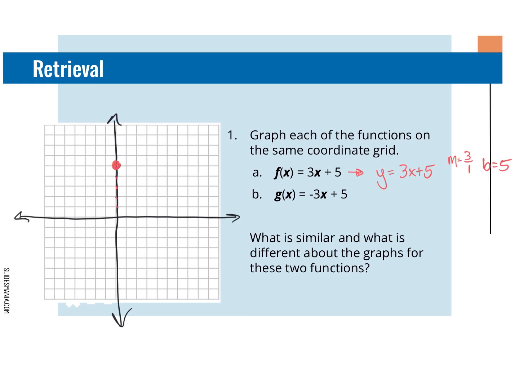We're going to put a point at 5. That's where we start. That is my y-intercept, where it crosses the y-axis. And then from here, we're going to use our slope. We have positive 3 for our y's, positive 1 for the x's. And this is how we graph this line.